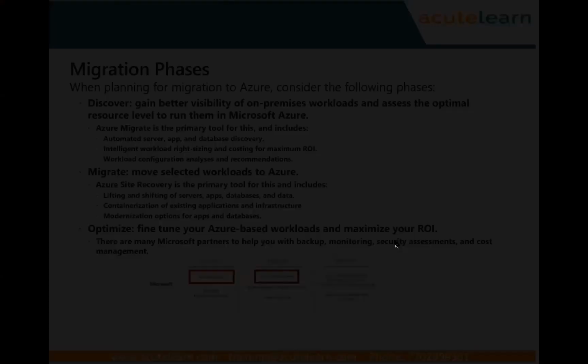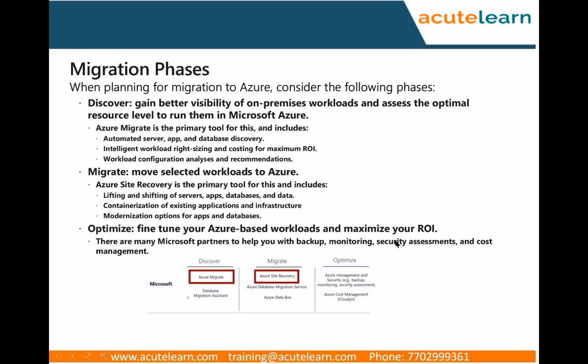So as part of these migration phases, when we plan to migrate to Azure, the first is called the discover phase. At a high level, we took a decision that we will migrate the virtual machines from on-prem to Azure.